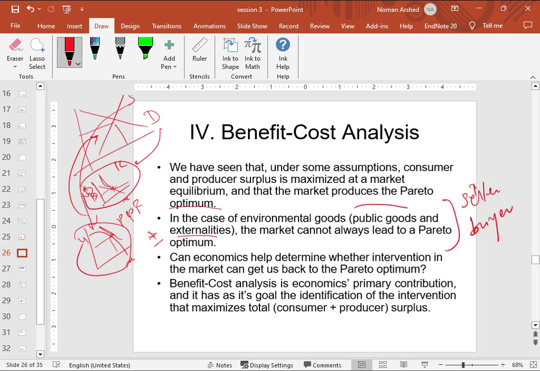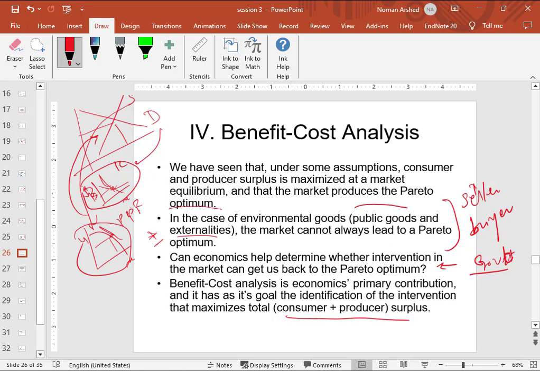Now, can economics help to determine whether intervention in the market can get us back to Pareto optimum? It means the role of government. Can government achieve Pareto optimality in the cases where there is not? Cost benefit analysis is economics' primary contribution, and its goal is the identification of interventions and maximizing the surplus.